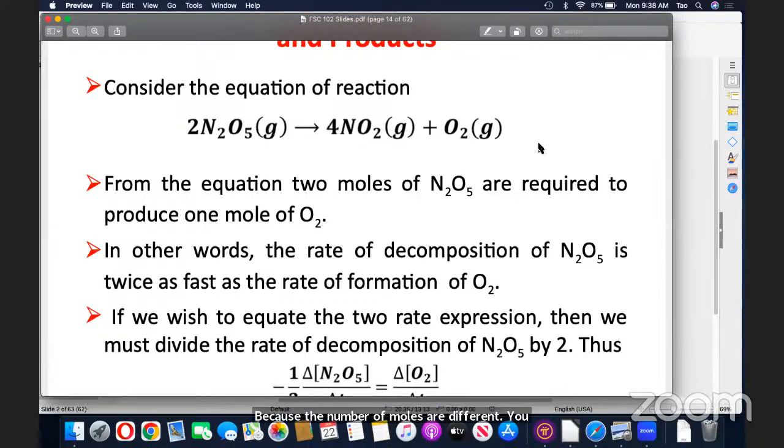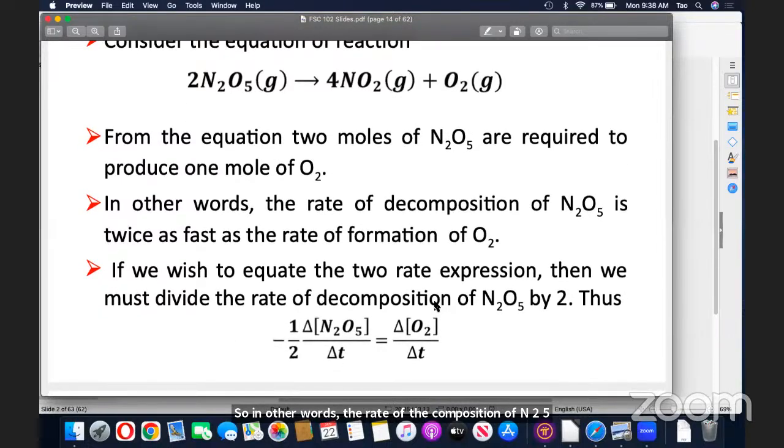At the end of the day, we said you can monitor any one of these, but the most important thing is that your gold standard is the one with 1 mole being produced. So in other words, the rate of decomposition of N2O5 is twice as fast as the rate of formation of O2.